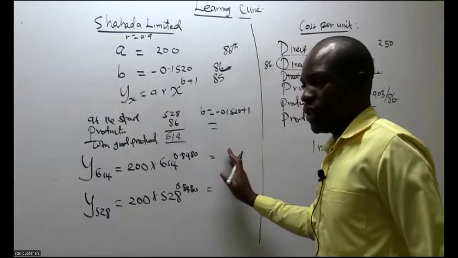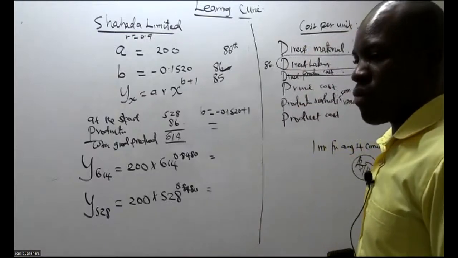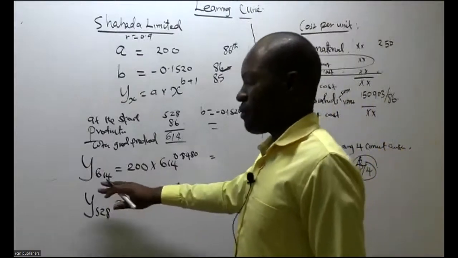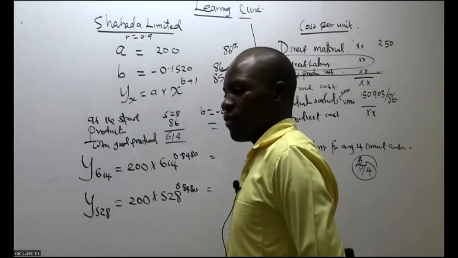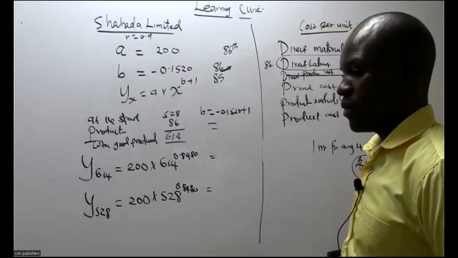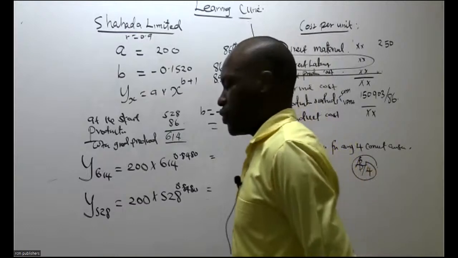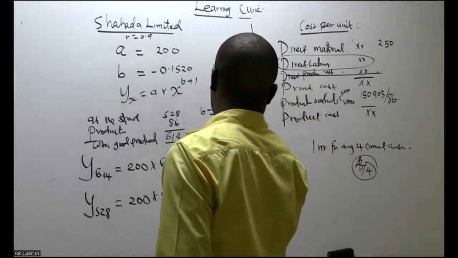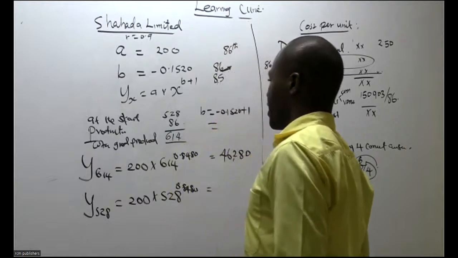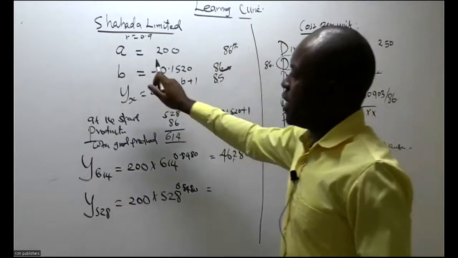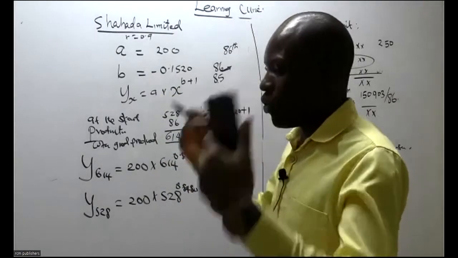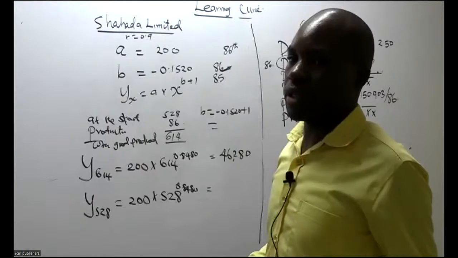Give me the totals here. The first 614, how much do we have? 46,280. And I want us to be very keen. In the other question which we just did up there, we were given the labor cost per unit.